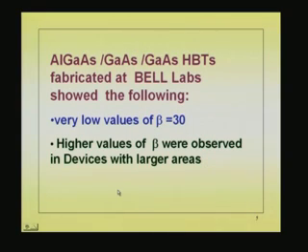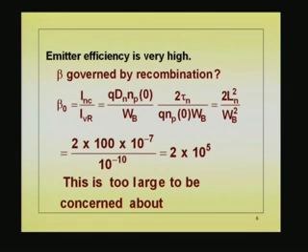Now, we also pointed out last time that the AlGaAs HBTs fabricated in Bell Lab, USA, they found that initially the beta was about 30-32 in that range, and also this beta was dependent upon the area. Going back further into that, I just wanted to see whether it is the volume recombination that is affecting, because we saw the beta we estimated is only due to the emitter efficiency.